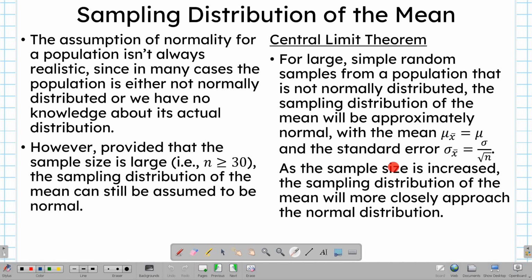As the sample size is increased, the sampling distribution of the mean will more closely approach the normal distribution. So even though the original population is not normally distributed, as long as your sample size is large enough, in this specific case greater than 30, then the sampling distribution will be normally distributed, and that would be enough for us to be able to have some conclusions about the sampling distribution of the mean.